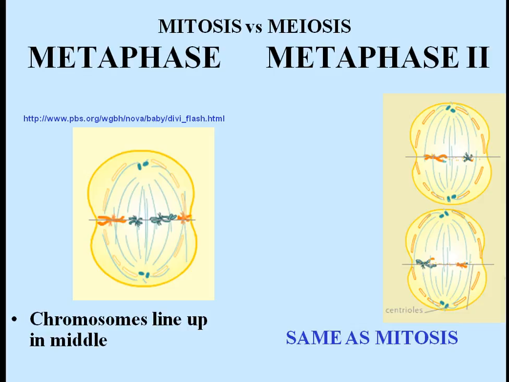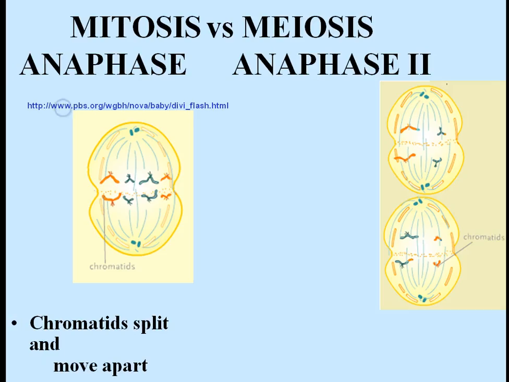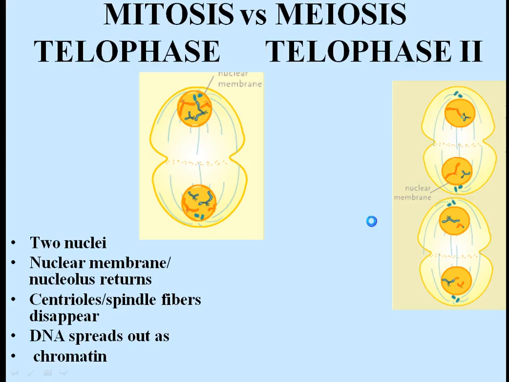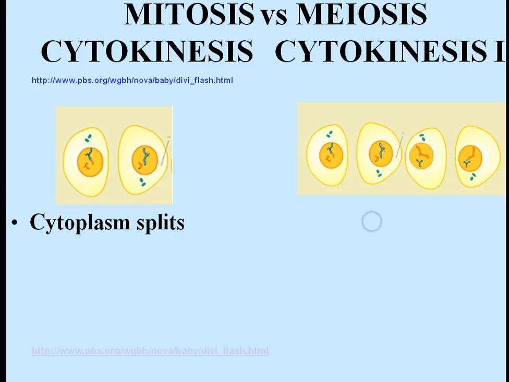Okay, in meiosis, metaphase 2, chromosomes line up in the middle. In anaphase, the chromatids will split and move apart, and the same thing's going to happen in anaphase 2. And then telophase, two nuclei will appear, the spindle fibers will go away, the centrioles will go away, DNA then spread out as chromatin, same thing in telophase 2.